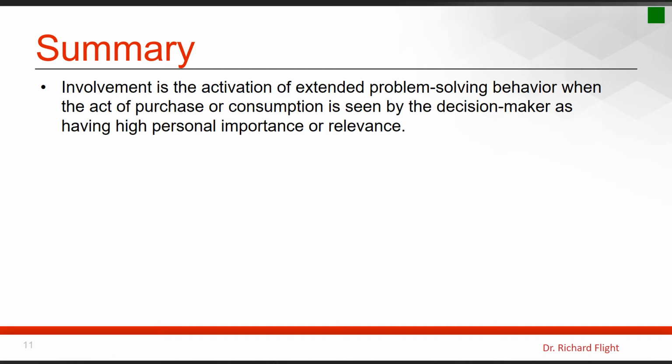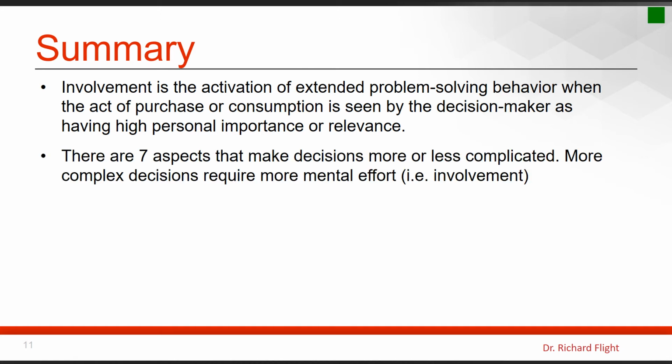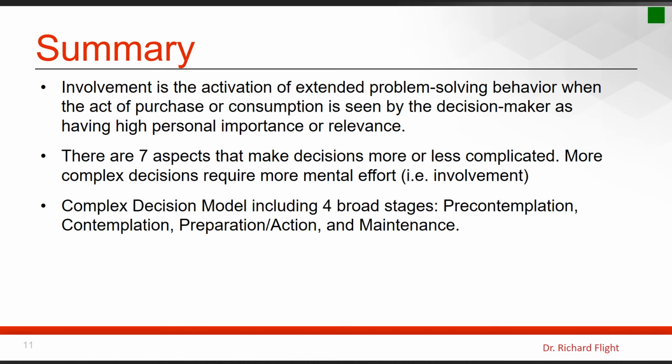We'll talk more about involvement, and again, it's this activation of a decision-making process where the consumer has to think about something they're going to do. There are a number of different aspects that complicate a problem, that necessitate either more or less involvement based on the complexity of the problem itself.